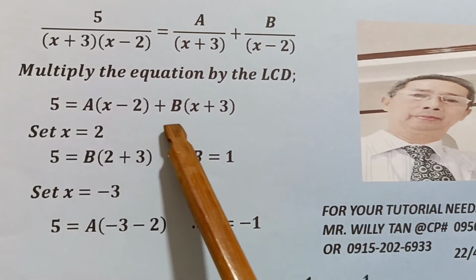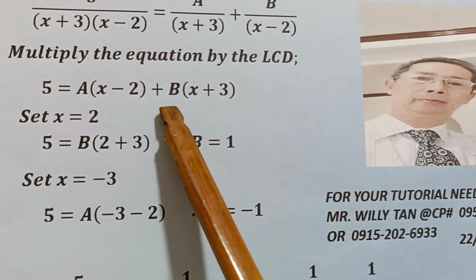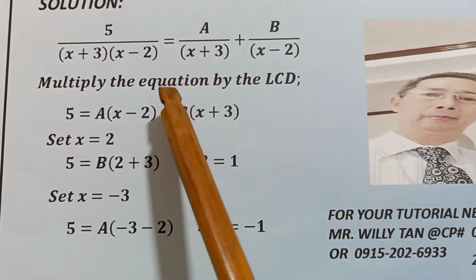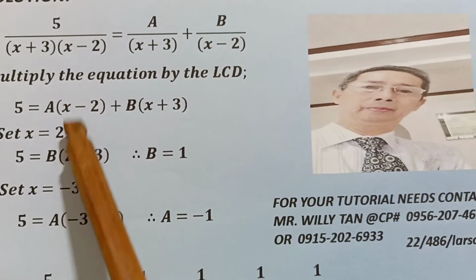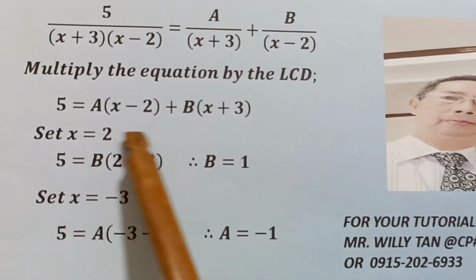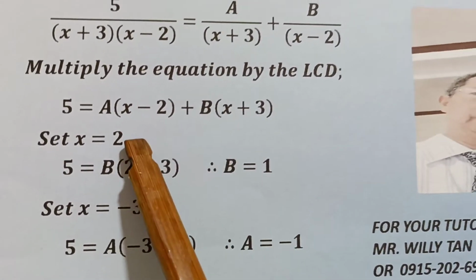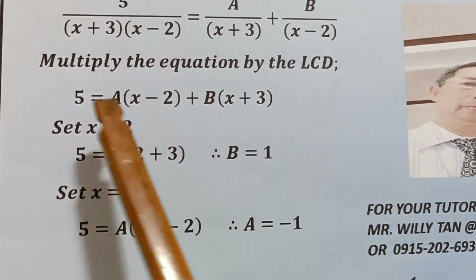Now, as you can see, to solve for each variable, we must get rid of one variable by assigning a value for x which will make one of the terms equal to 0.